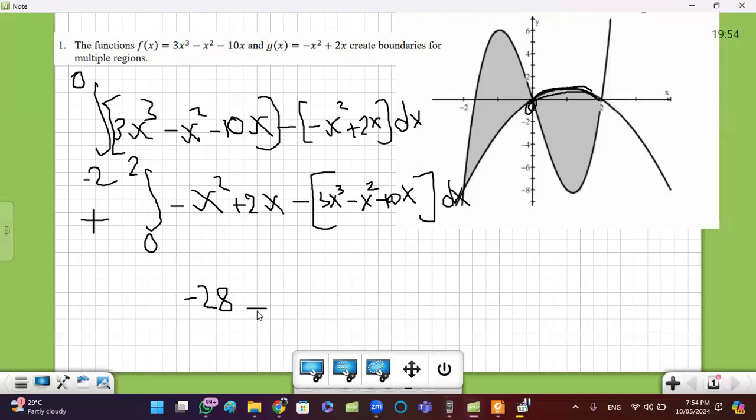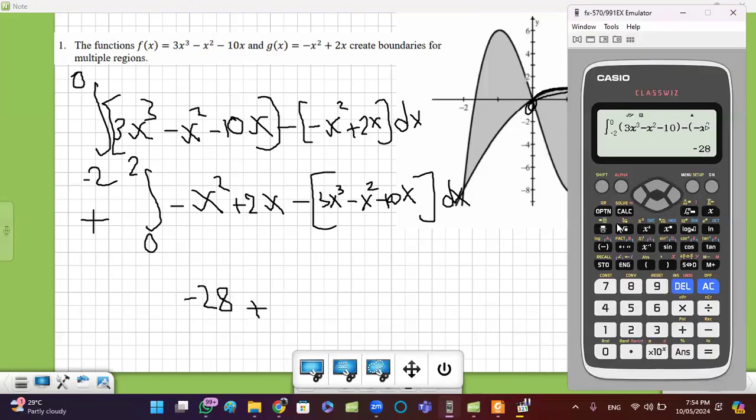Negative 28 plus, let's see this one. The integral means positive 28, right? Let's do this one: negative x^2 plus 2x minus, in brackets, 3x^3 minus x^2 minus 10x.